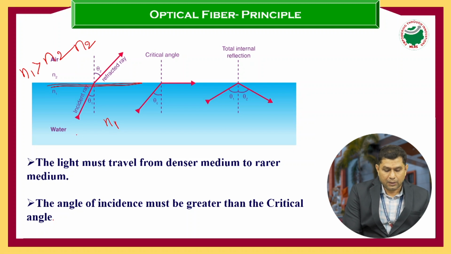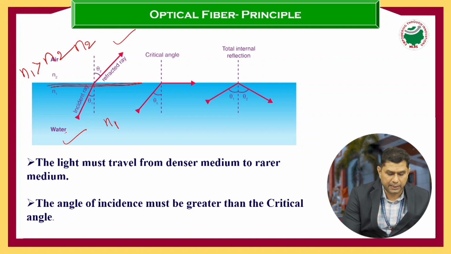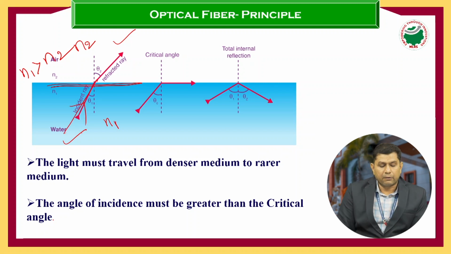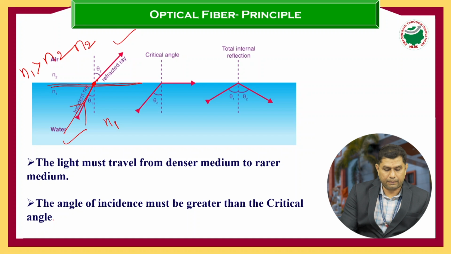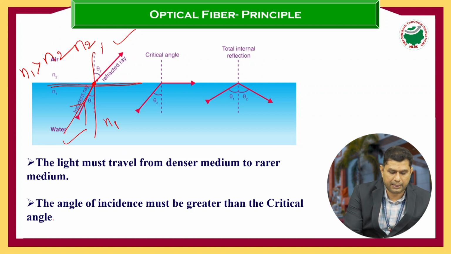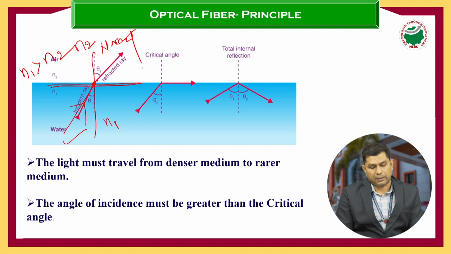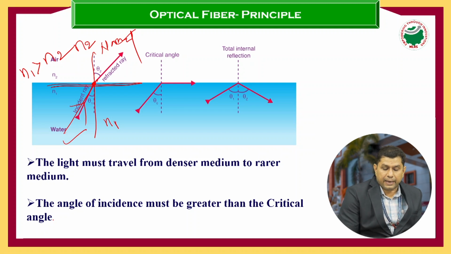That means this is the denser medium and this is the rarer medium. I am sending the light in from the denser medium. At the place where it is incident, I am drawing a straight line. This is called the normal.